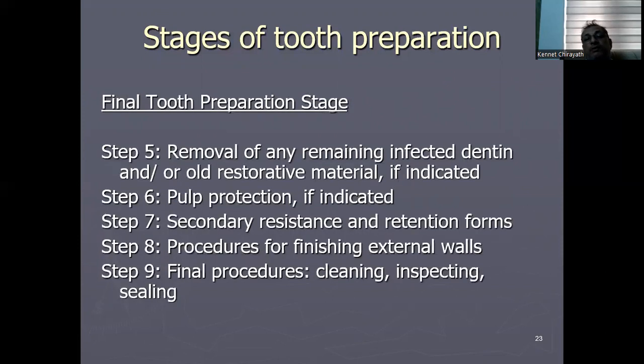Then comes the 5th, the removal of any remaining infected dentine or old restorative material if indicated, pulp protection, secondary resistance and retention form, procedure for finishing the external wall, and final procedure: cleaning, inspecting, and sealing.